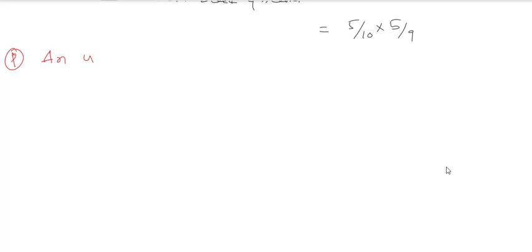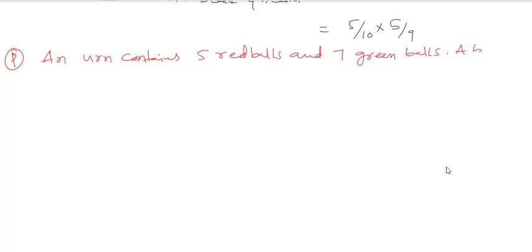An urn contains 5 red balls and 7 green balls. A ball is drawn at random and its color is noted.